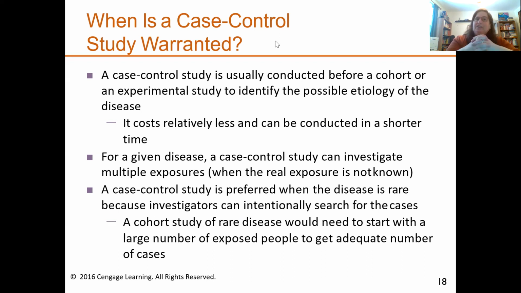But if you're going to get these exposed people, research-wise, you want a high incidence of the disease so that you can see what happens. Here, you're starting at the disease level. You want to make sure that if the disease is rare, you can still get a lot of cases, as long as you can look backwards to the exposure.